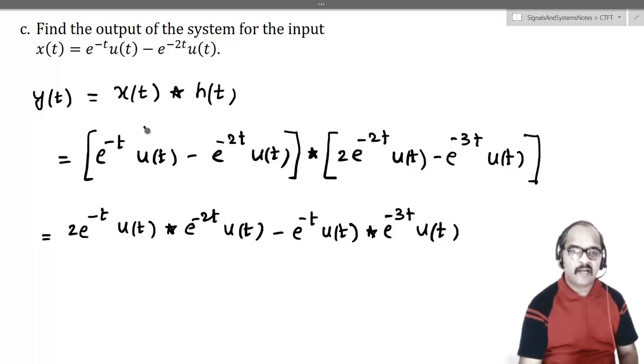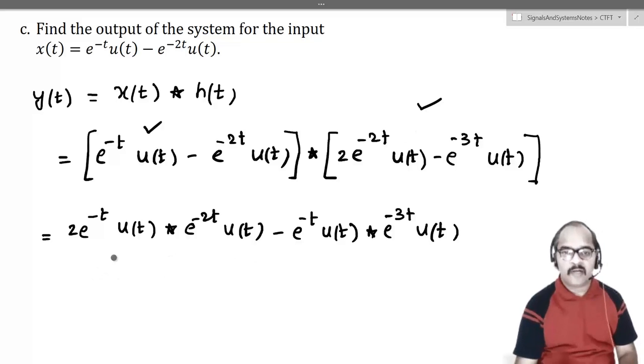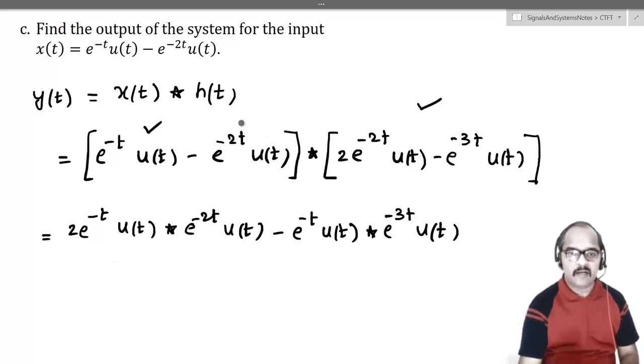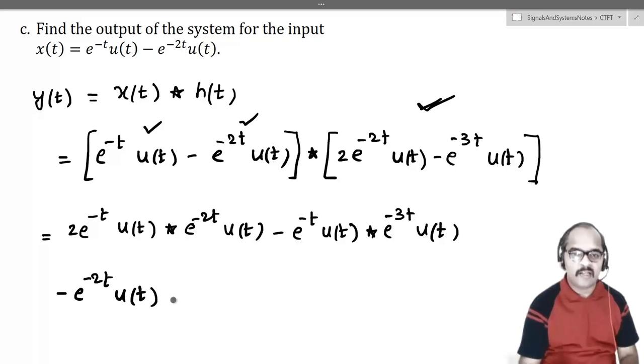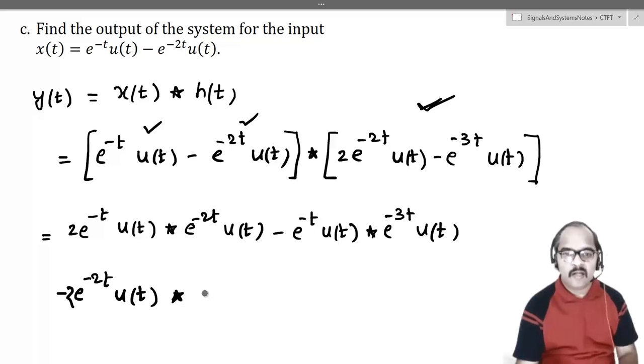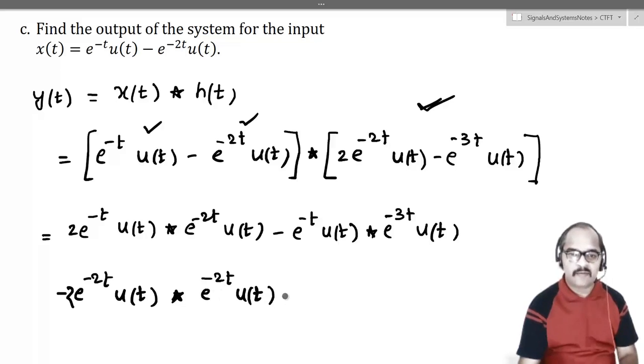So what are we doing? We are convolving this with this whole term. You get two terms in this, and again now we will do e power minus 2t u of t convolved with again this whole term. So you will get minus, be careful: minus e power minus 2t u of t convolved with 2 e power minus 2t u of t, where the 2 we keep out. And what is the next term?